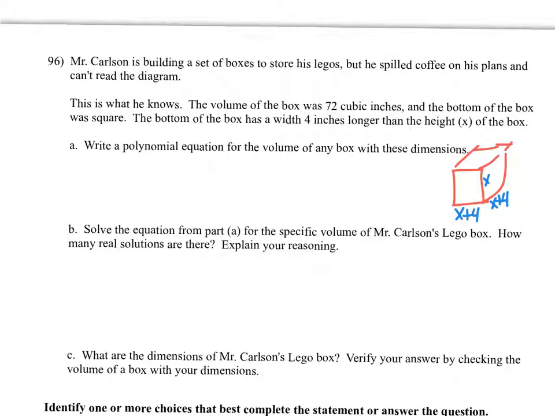Dimensions will be given to you on your midterm, so you'd see a picture like this labeled to help you figure these things out. The big idea is that volume is length times width times height. So in this case, volume is going to be x plus 4 times x plus 4 times x. And for your midterm, this is going to be enough.